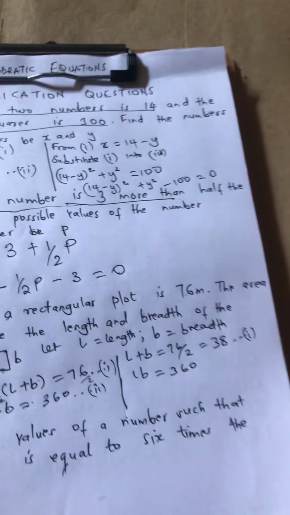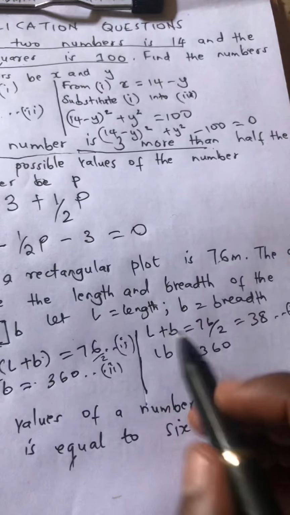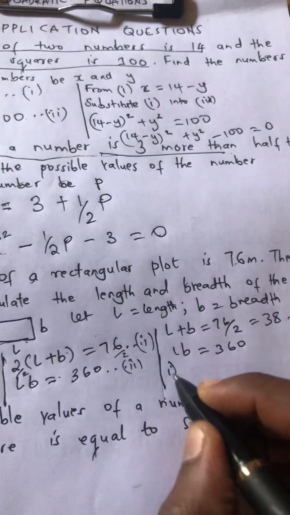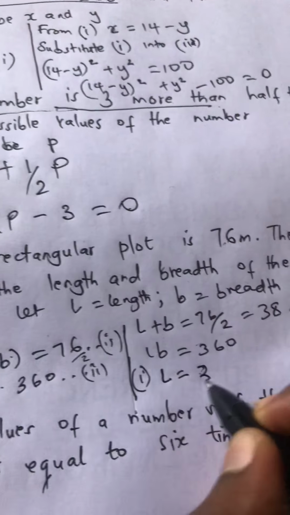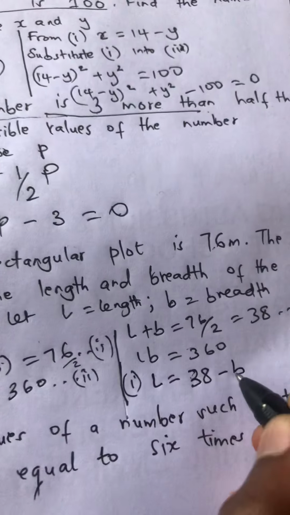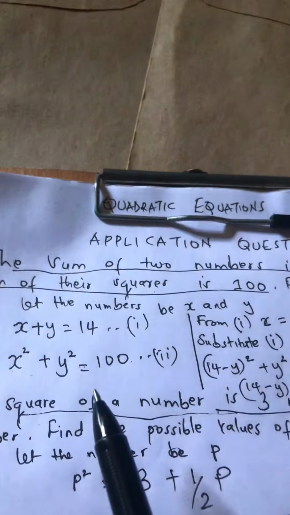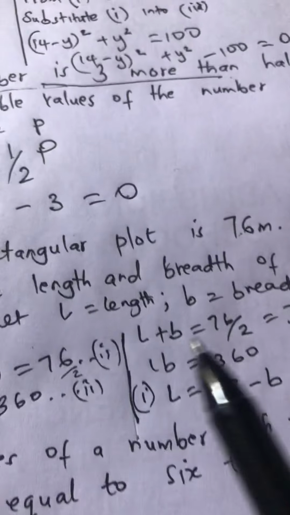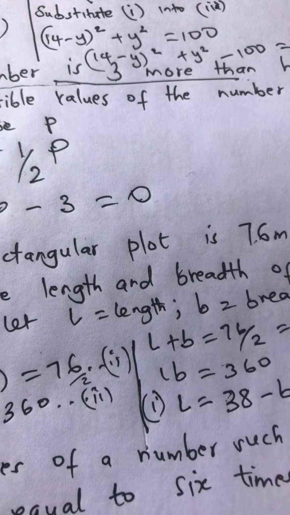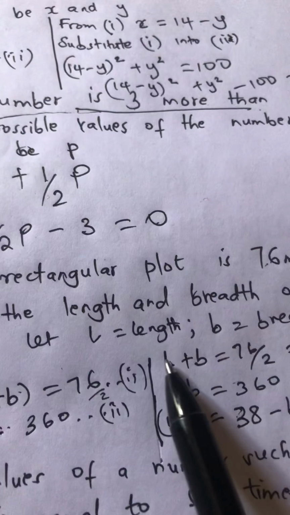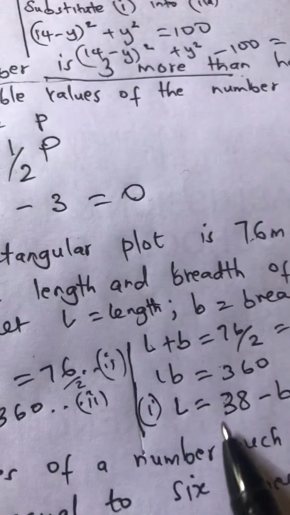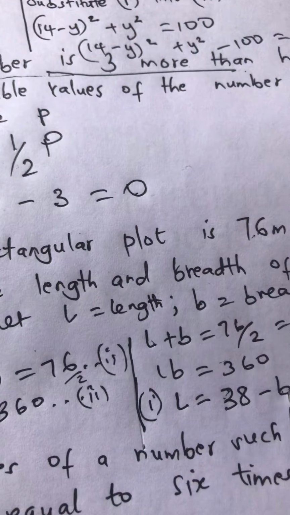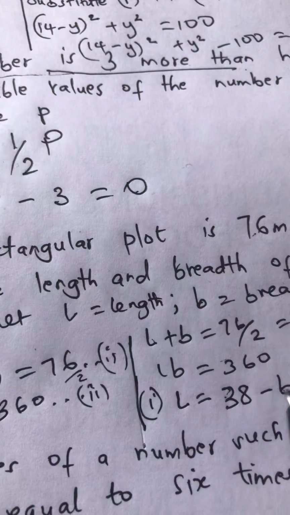So what you do, let us rewrite equation 1 as L is equals to 38 minus B. Kama ulielewa hii ya kwanza. I have just taken B the other side, ikakuwa 38 minus B. Then substitute 38 minus B in equation 2.